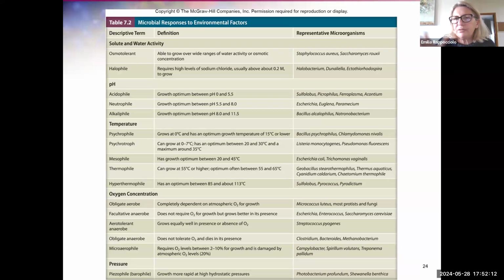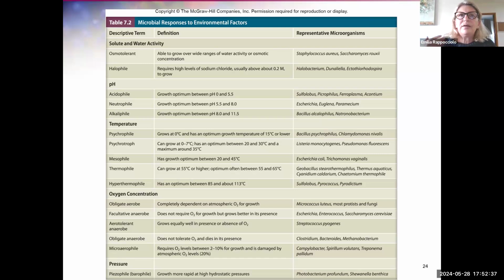Mesophiles, they like middle range temperature, between 20 and 45 degrees is their range of temperature growth. Thermophiles require high temperature, above 55, and the hyperthermophiles need very high temperature.